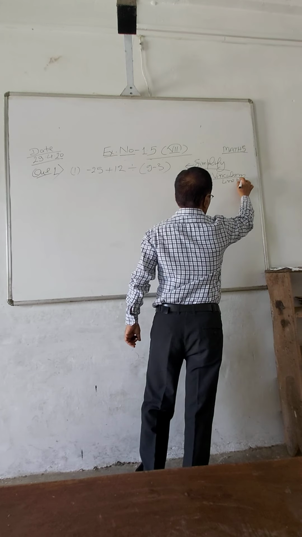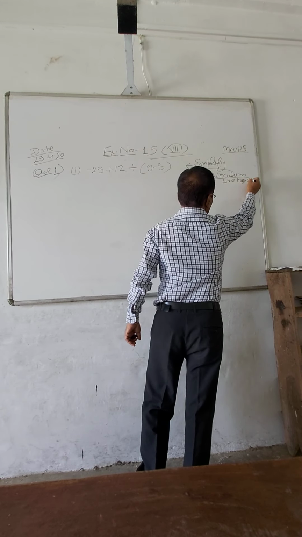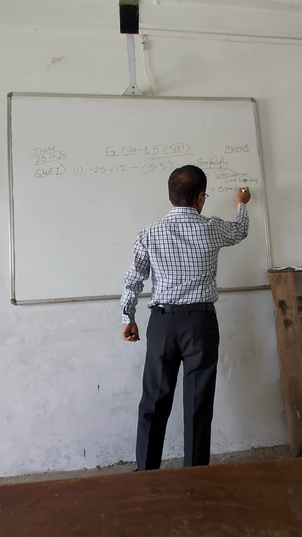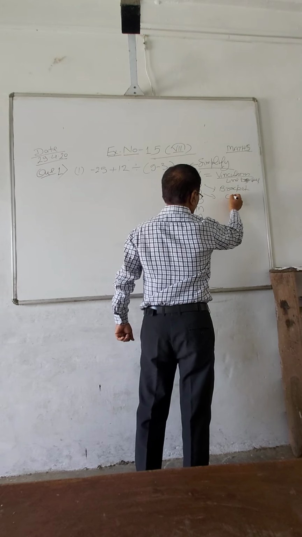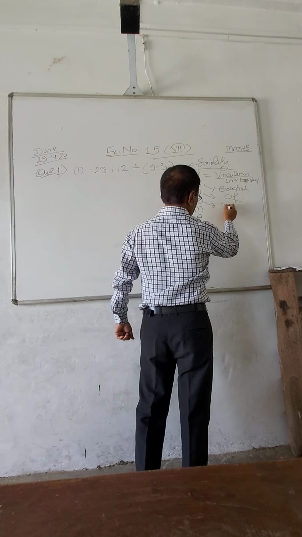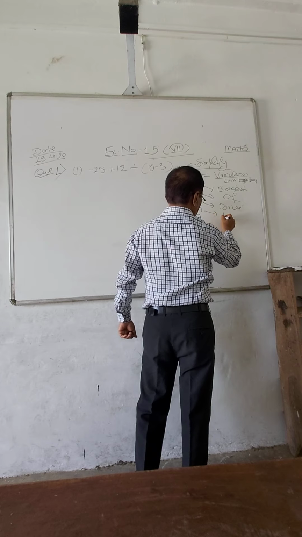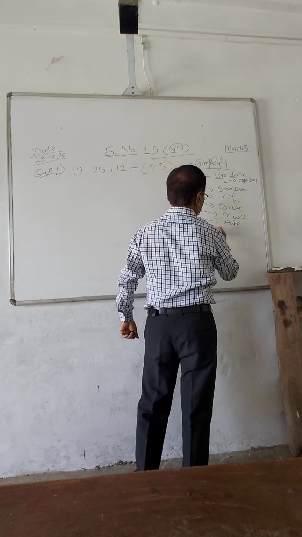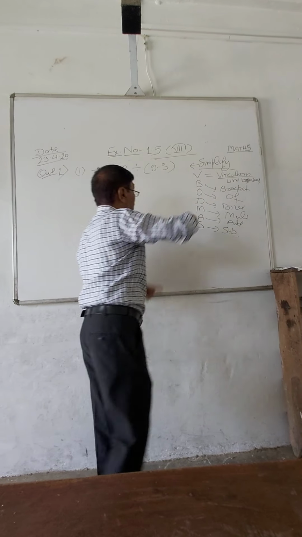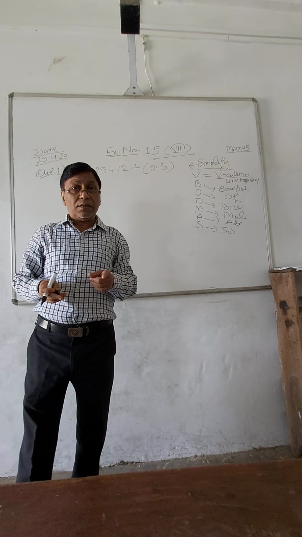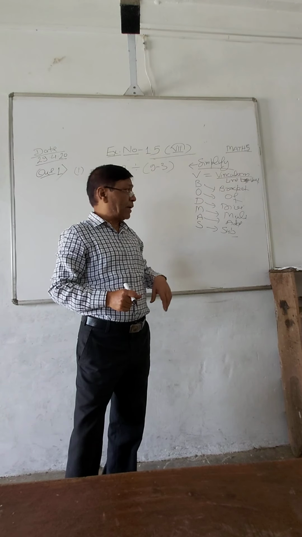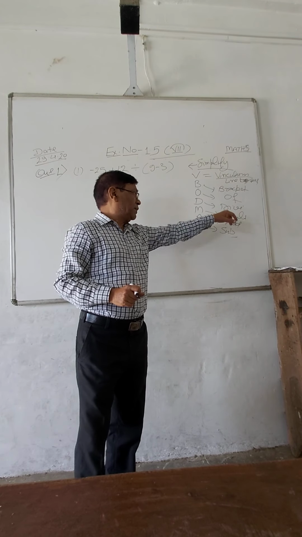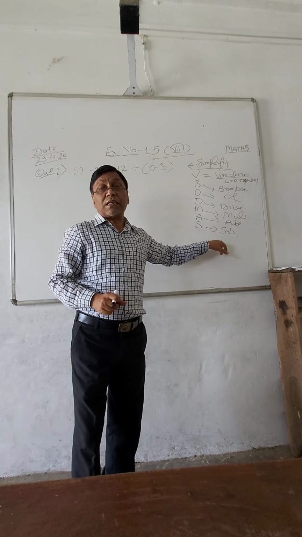I will tell you later what it means. Then B, brackets, of, division, multiplication, addition and subtraction. In this sequence always solve all these problems. First the line bracket, after that the bracket, then of, then division, multiplication, addition, and subtraction.